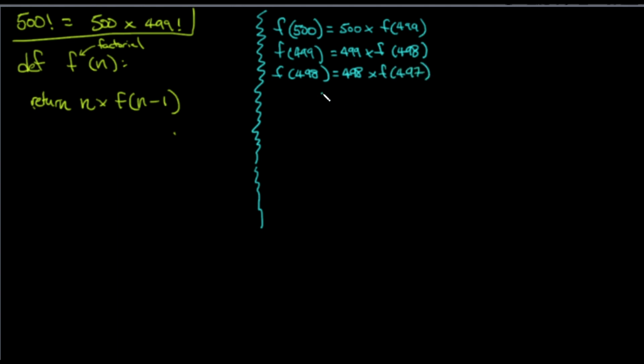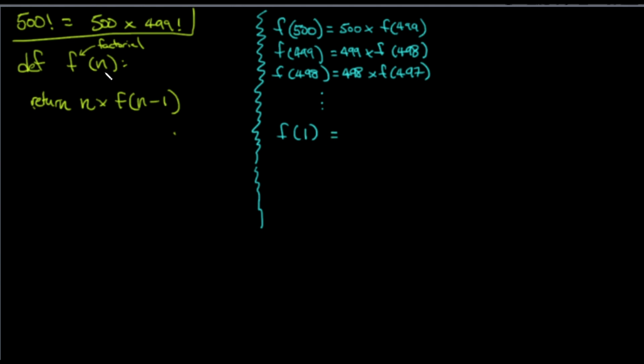And this is going to continue on and on and on. And you'd hope that this stops somewhere, right? At some point, we want to have the answer. And so maybe you hope that we end at f of 1. We're going to keep calling f of n minus 1, so at some point, we're going to call f of 1.